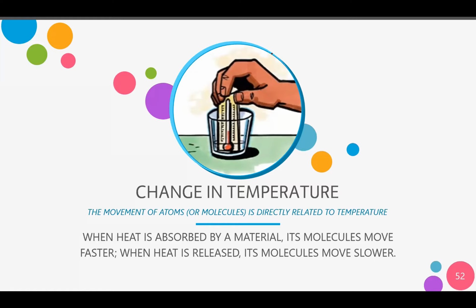Okay, so I repeat, if an object absorbs energy, then its molecules move faster. When heat energy is absorbed by a material, its molecules move faster, and if the molecules are faster, the molecules create a larger kinetic energy.